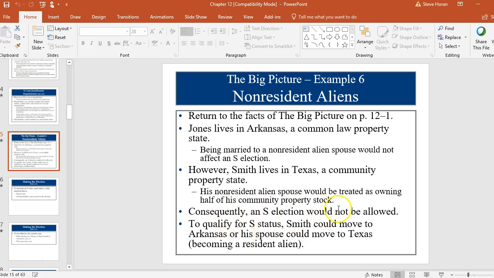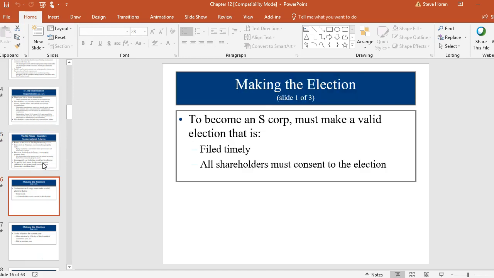So an S election would not be allowed. So to qualify for S status, Smith would have to move to Arkansas, or the spouse would have to move to Texas, becoming then a resident alien. Okay, so if they want to do that, I guess they have to make that decision. If that really is beneficial to the company, they've got to make some life choices there about where they live.